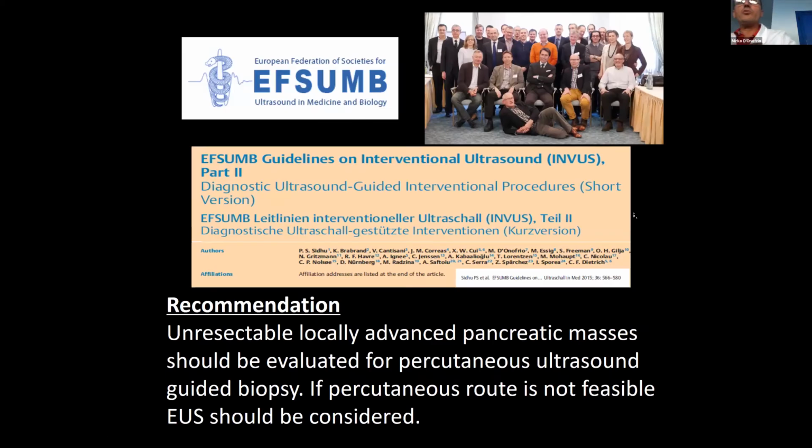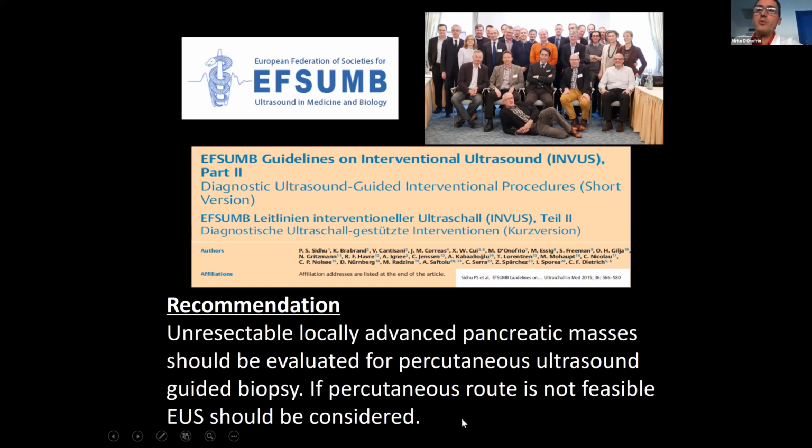So coming to the recommendation from our EFSUMB guidelines, unresectable, locally advanced pancreatic mass should be evaluated for percutaneous ultrasound. It's a fast procedure, it's cheap, and the accuracy is absolutely good.